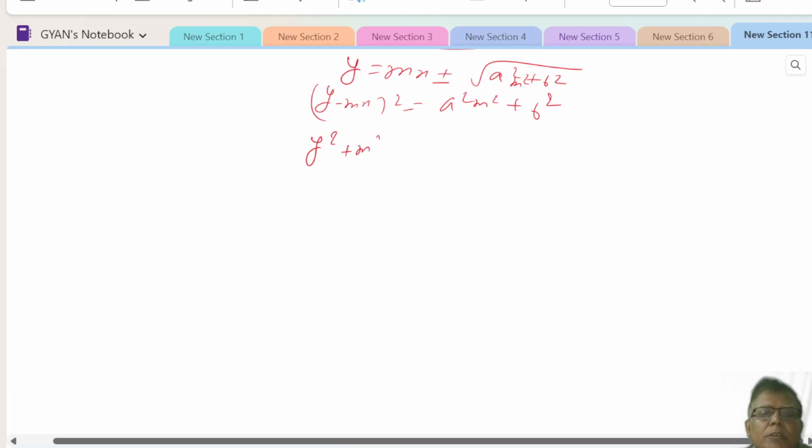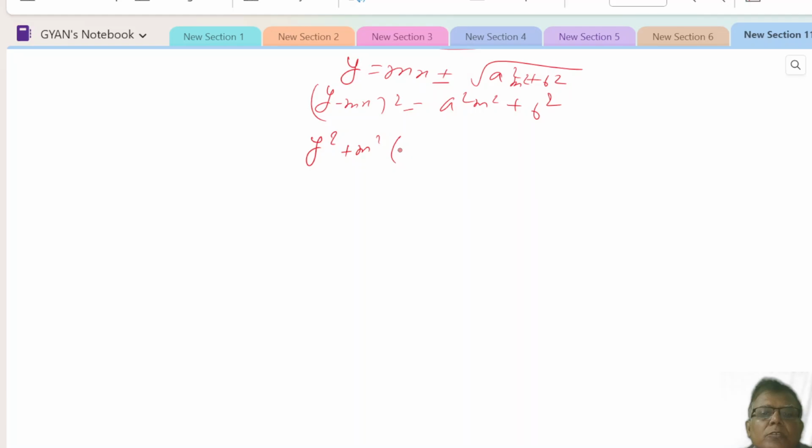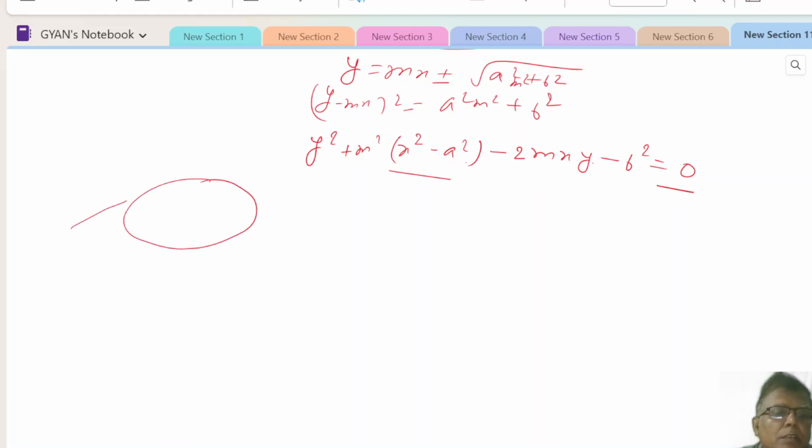Y square plus m square x square minus a square minus 2mxy minus b square is equal to 0. See why a quadratic equation is coming: because from a point you can draw two tangents. This is m1, this is m2.